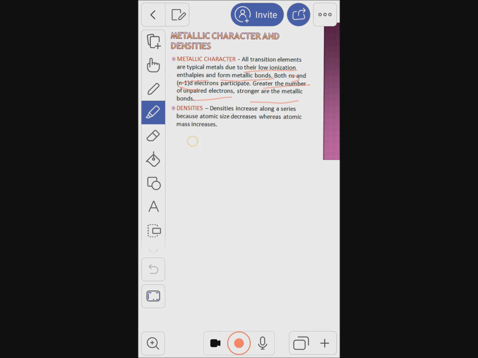As in case of chromium, it has strong metallic bonding due to 5 unpaired electrons in the 3d orbital and 1 unpaired electron in the 4s orbital. As the number of unpaired electrons decreases, metallic bond strength also decreases and the metallic character also decreases.